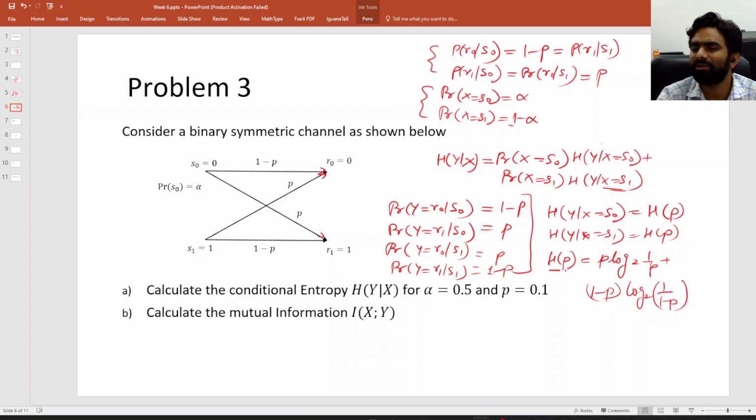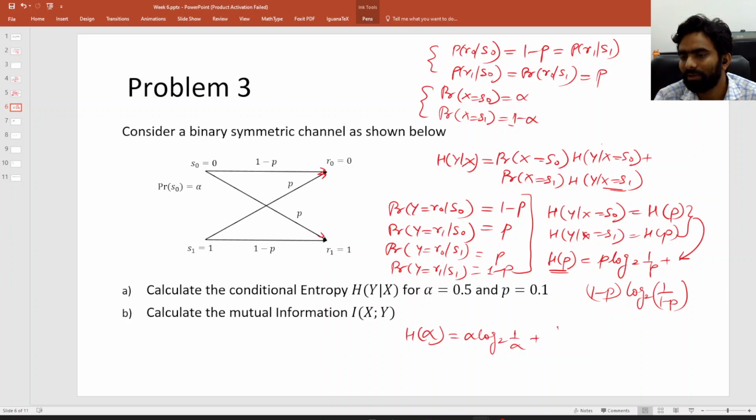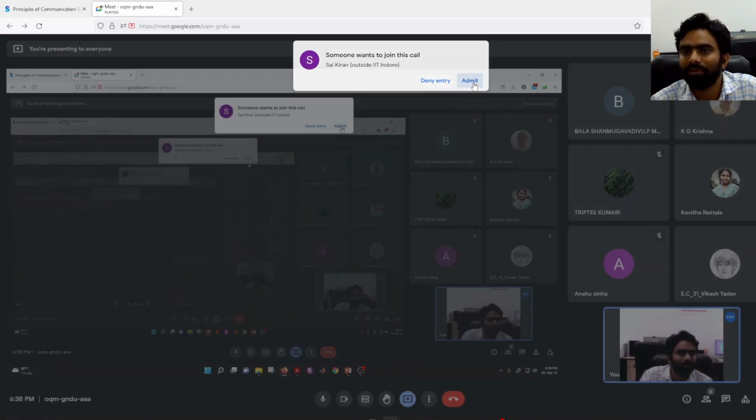So this is a notation for writing this entire thing. Means if H of some alpha is there, then you can write alpha log 2 of 1 by alpha plus 1 minus alpha log 2 of 1 upon 1 minus alpha. That you can write for this notation. So sir has used this notation, so I am also using this one.